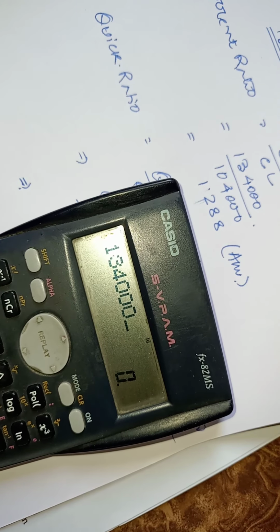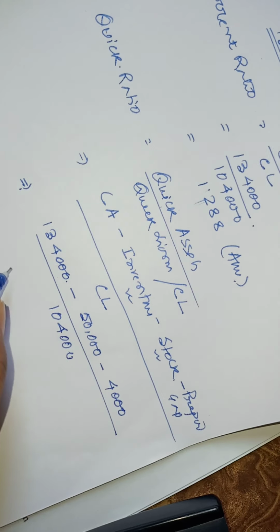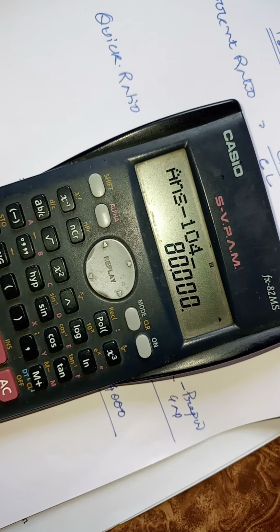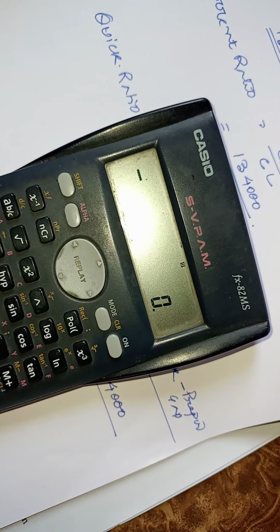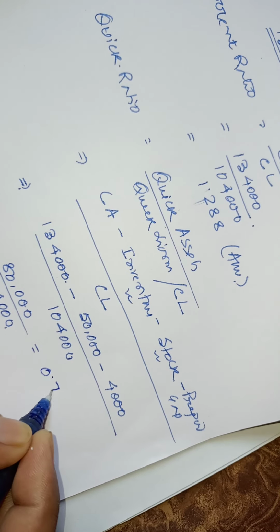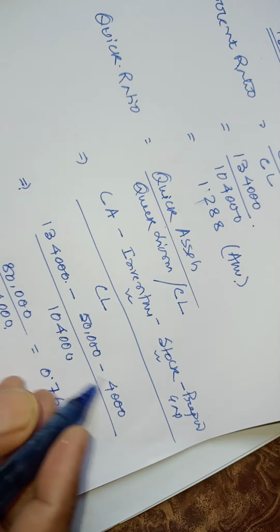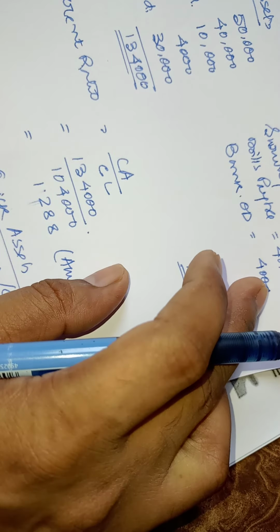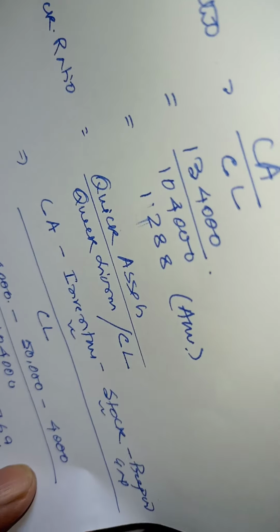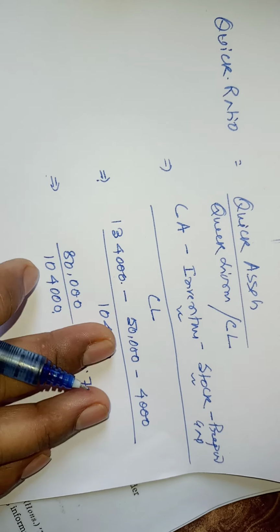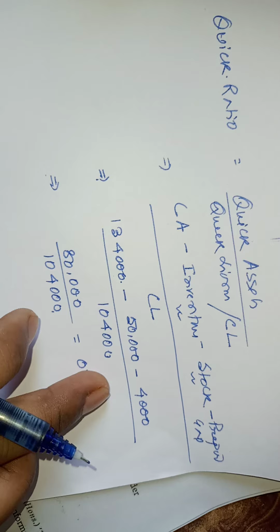So 1,34,000 minus 54,000 is 80,000 by 1,04,000. The answer will be 0.769. Sometimes bank overdraft is deducted from the current liabilities, but here we do not deduct any bank overdraft.